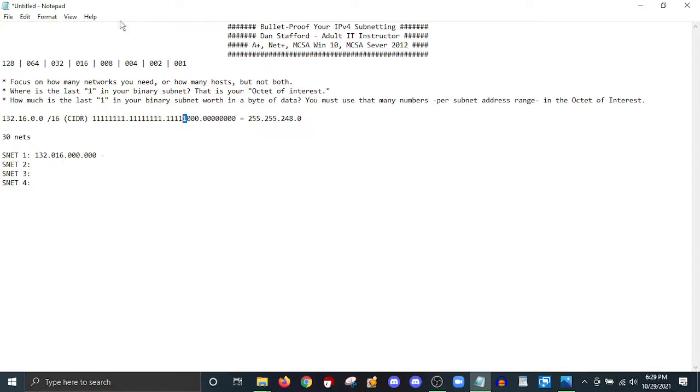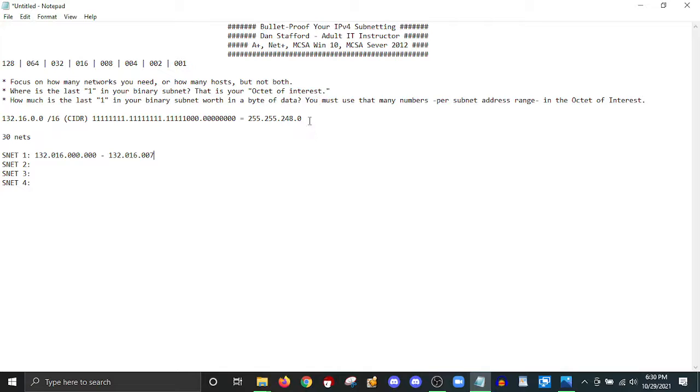So 1, 2, 3, 4, 1, 2, 3, 4. That value is 8. I get 8 numbers in the third octet, 0 being one of the numbers, so I get 132.16.0 through 7. 0, 1, 2, 3, 4, 5, 6, 7.